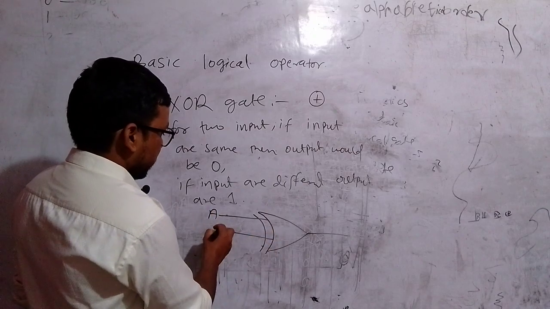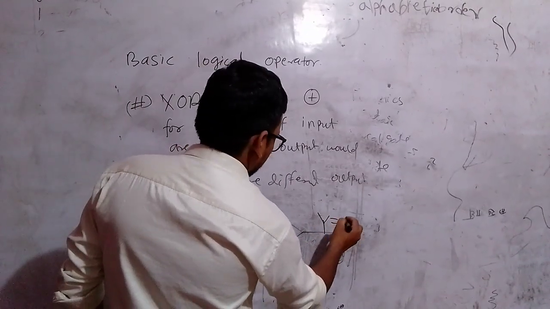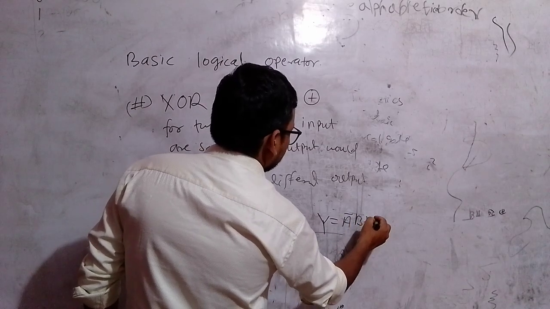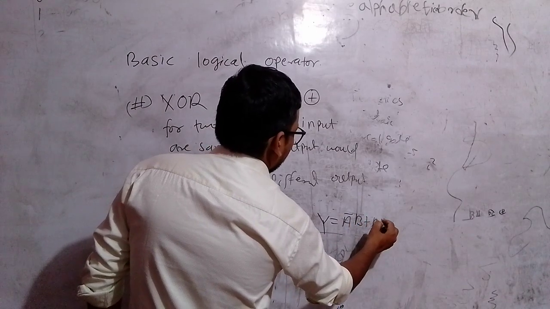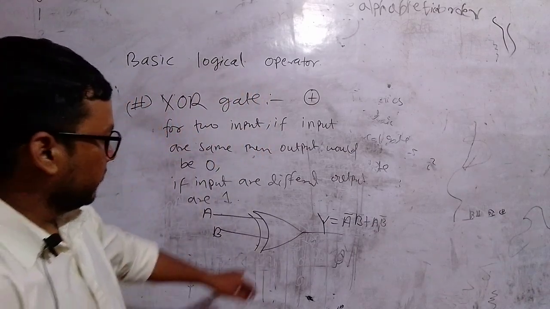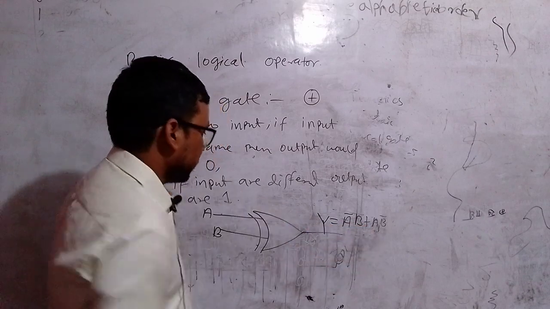Now for A and B, what would be the expression of this output? A complement B plus A B complement.